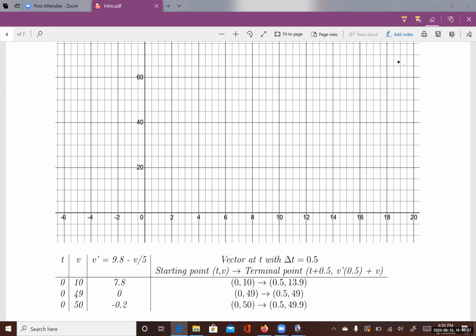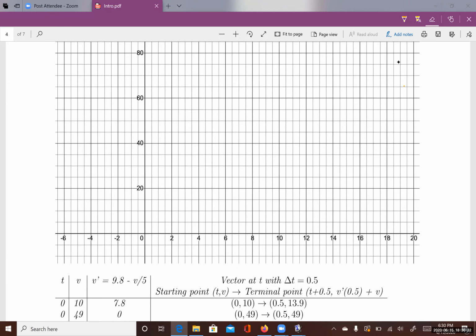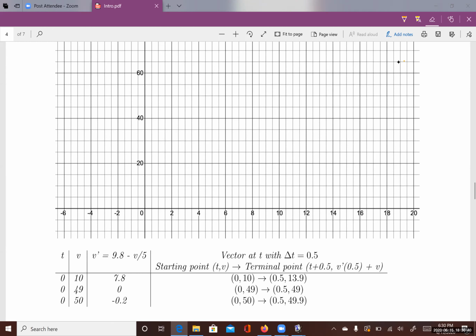Now let's use our differential equation to create some slope vectors. At this time, I want to use the point when t equals 0, v equals 10.